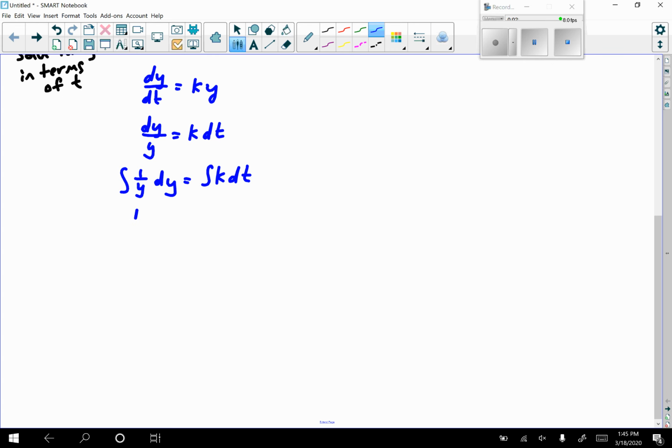So this becomes a natural log of the absolute value of y plus our first constant equals k times t plus our second constant. So then we get the natural log of the absolute value of y is equal to kt plus some constant here, using e as our base for each side.